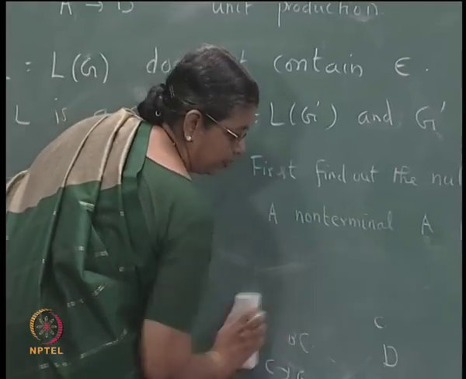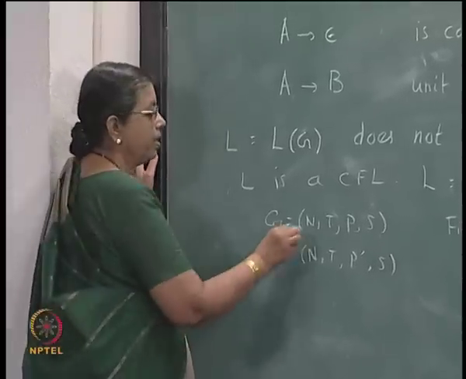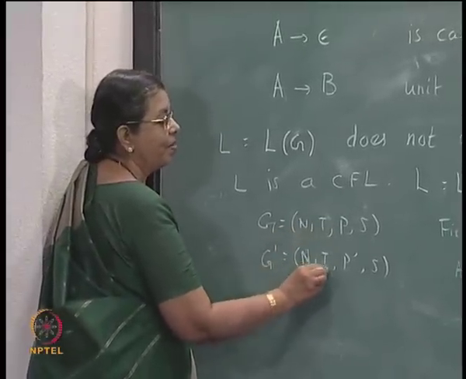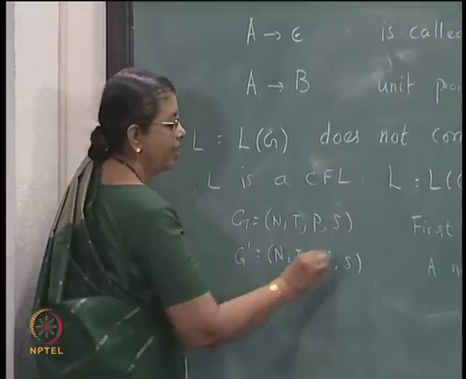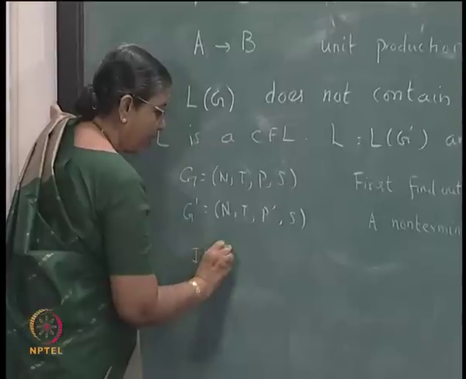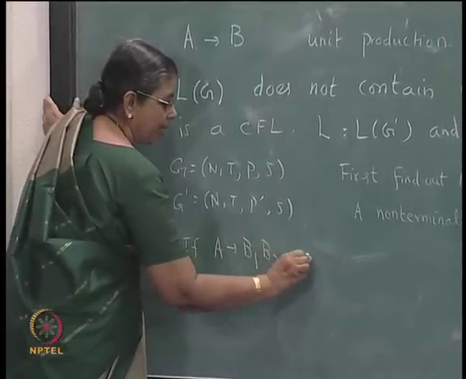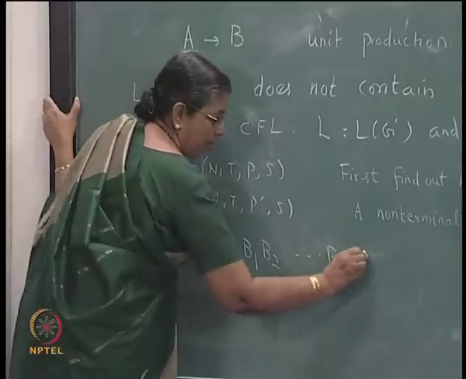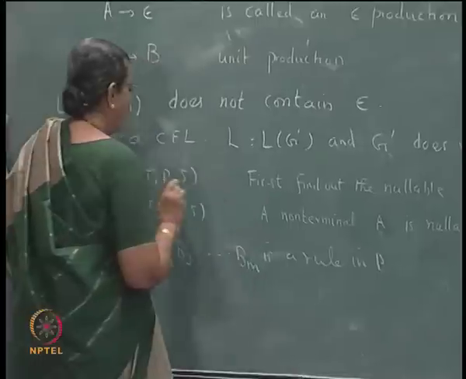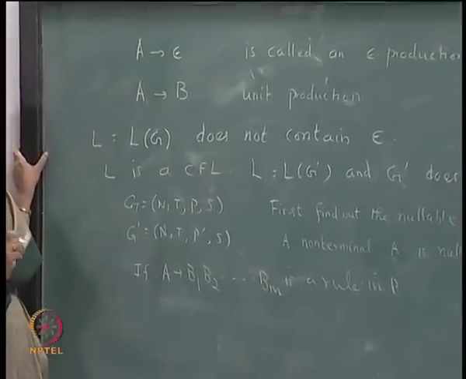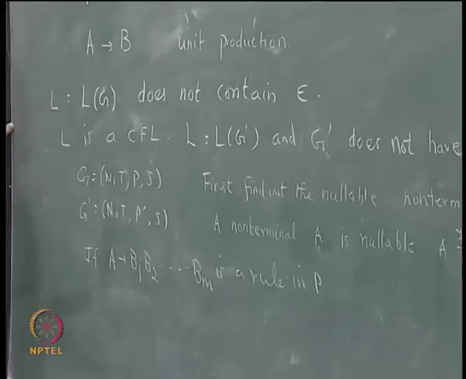Then what do you do? G' has the same non-terminals, same terminals, only the production rules change. So, how do you change the production rules? For each rule, you take one by one the rules in P. For one rule you may have several rules in P'.